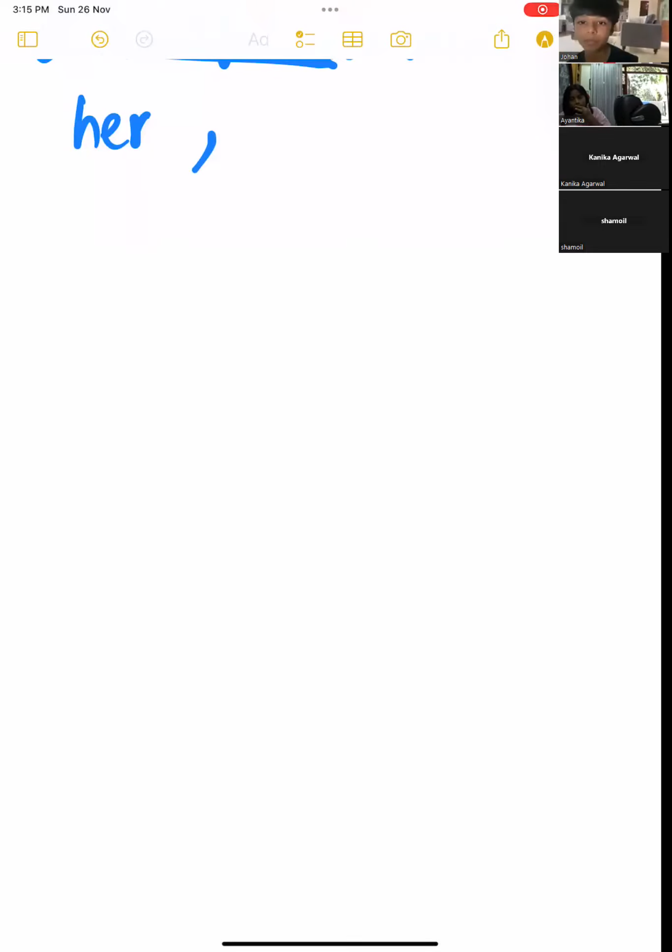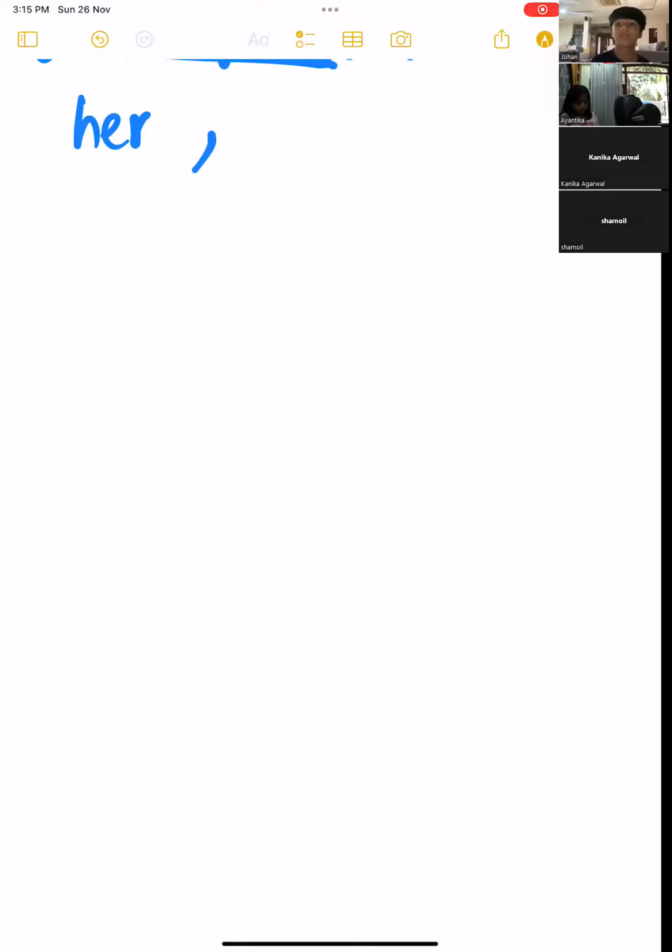Derogatory means showing disrespect. He made some derogatory remark or comment about her appearance, that you look so ugly. She was upset by derogatory comments made about her clothes.